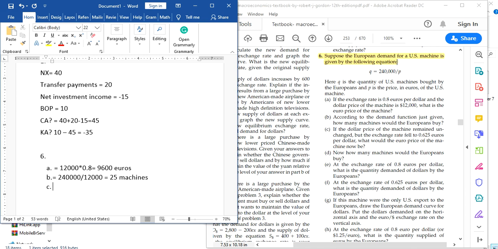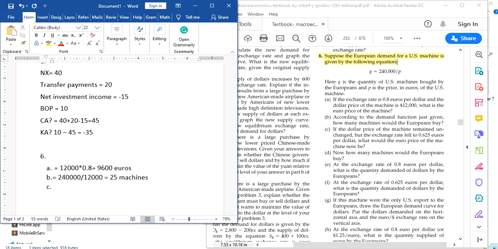They can buy 25 machines. If the dollar price of the machine remained unchanged but the exchange rate fell to 0.625 per dollar, what would the price of a machine now be?